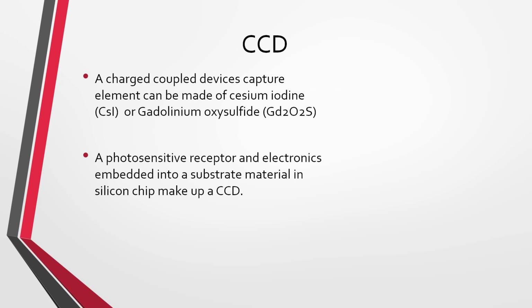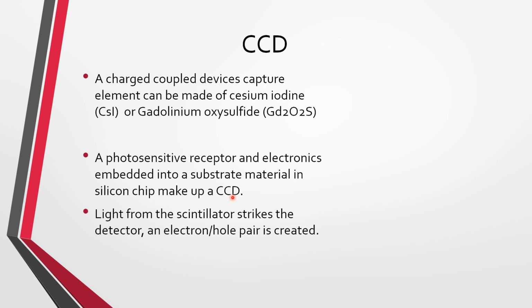Silicon is really just kind of sand, but it's a semiconductor. So there's a silicon chip, and the photosensitive receptors and electronics are embedded into the silicon. That's what makes a CCD.